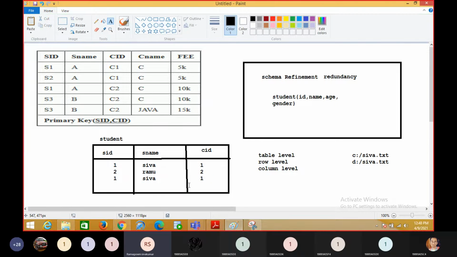See here, we have row level redundancy, with ID 1 repeated. Row level redundancy.